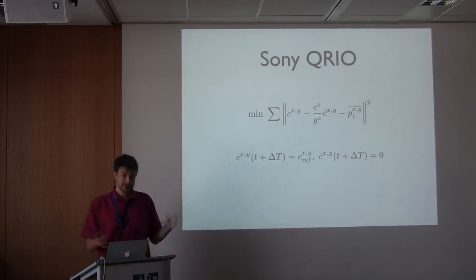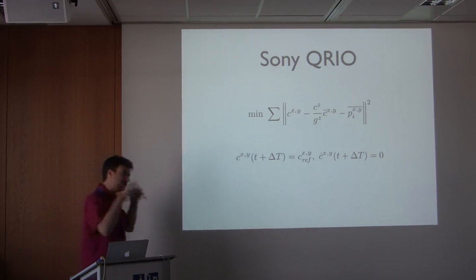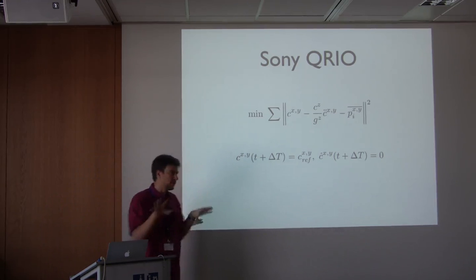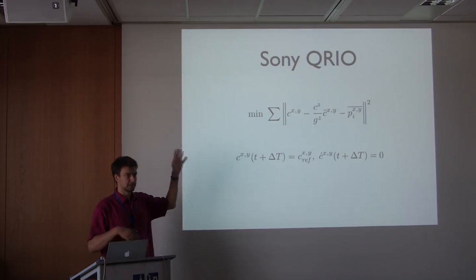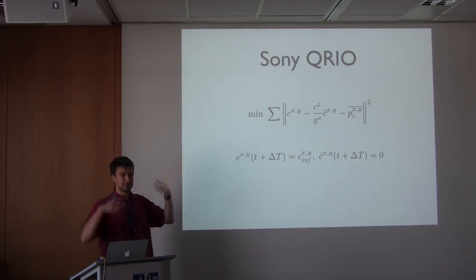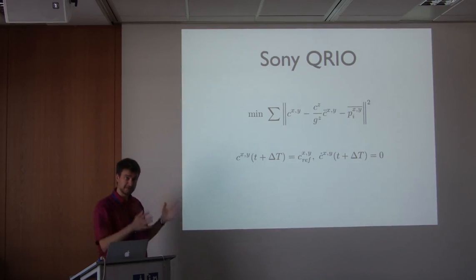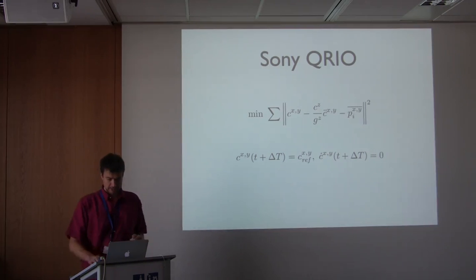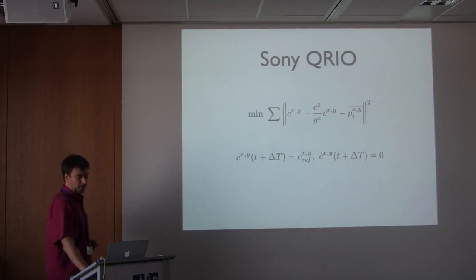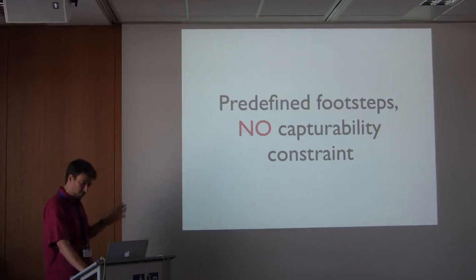Okay? So you can see it is always the same if you go inside the equations, below the equations, because everybody will write their own ideas and systems in different forms. But you can see, in fact, if you take everything in the same form, they all follow the same idea. Another group of propositions were still with predefined footsteps, but without a capturability constraint.